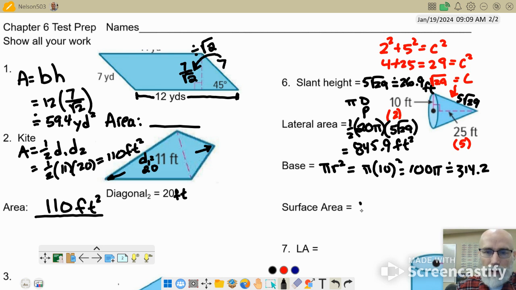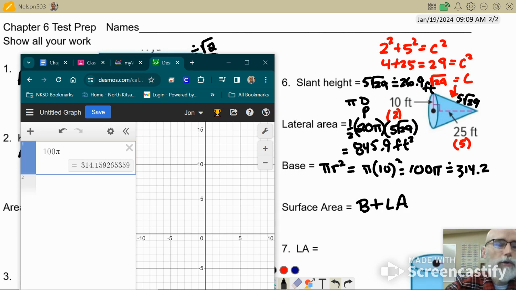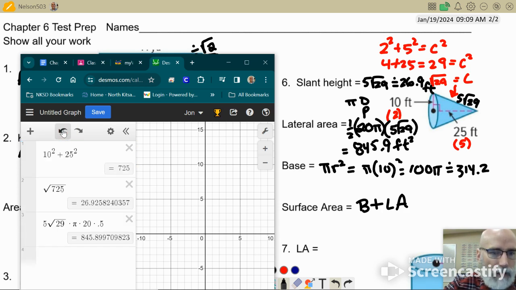So I've got to take the area of the base plus the lateral area. Here's the area of the base, 100 pi. Oh, shoot. You know what? I shouldn't have erased some of that stuff. Let me go back because I have some of this stuff in there, don't I? I thought I had the 845. Oh, I do have it right here. 845 is right there, right?